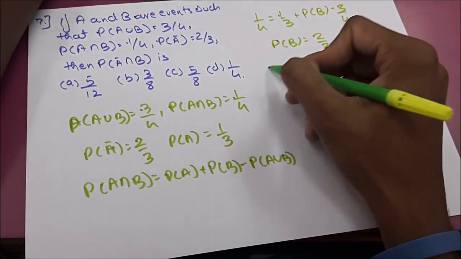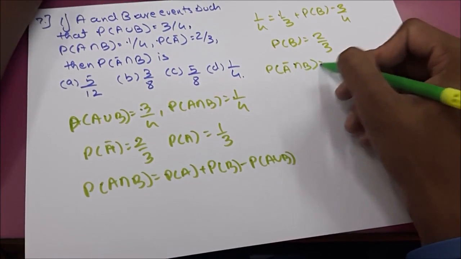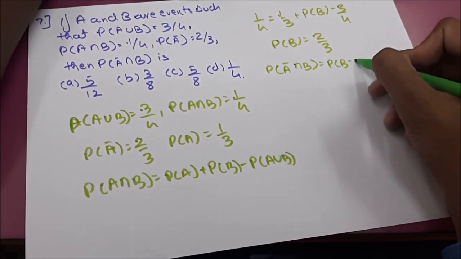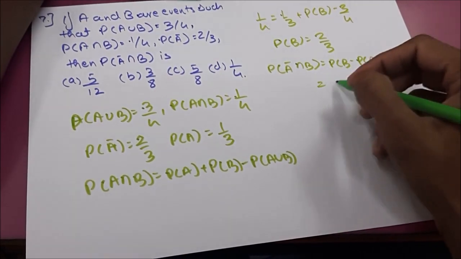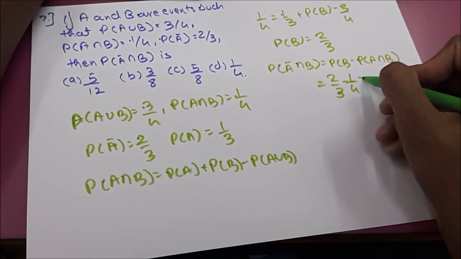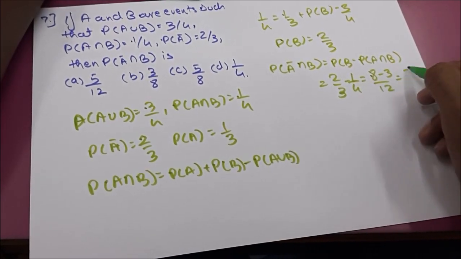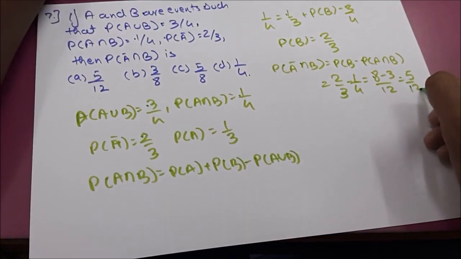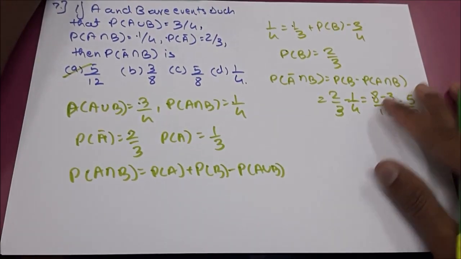So substituting in the formula, A bar intersection B is equal to P of B minus P of A intersection B. Substituting the values, we get 2 by 3 minus 1 by 4, which is equal to 8 minus 3 over 12, which is equal to 5 by 12, which is our option A. Therefore option A is the correct answer.